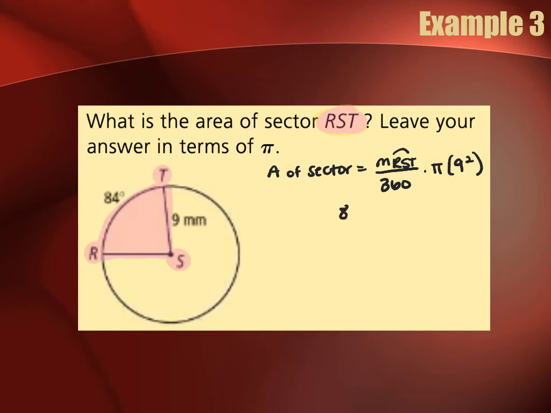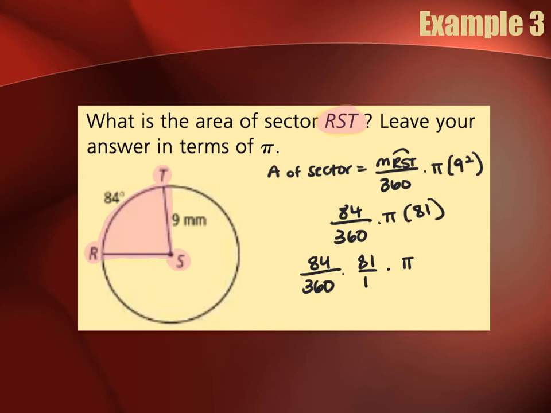So I get 84 over 360 times pi times 81, which becomes 84 over 360 times 81 over 1 times pi. And again, 360 is not divisible by 84 evenly, so you can choose to reduce it. We know they're both divisible by 2. You could start there if you wanted to.